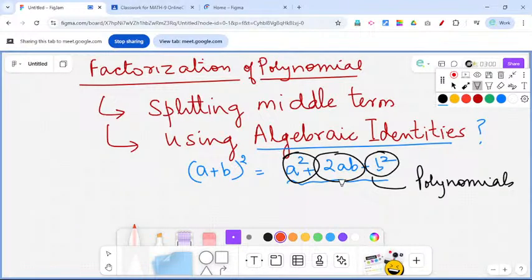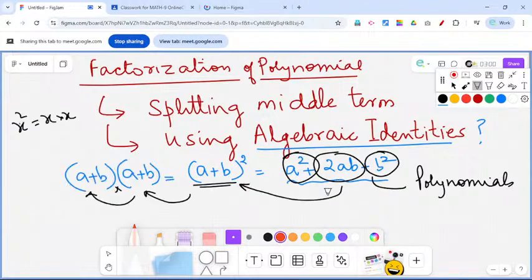like for example, x square is x multiplied by x. In the same way, (a plus b) whole square is (a plus b) multiplied by (a plus b). So this polynomial, you have now written as (a plus b) into (a plus b).